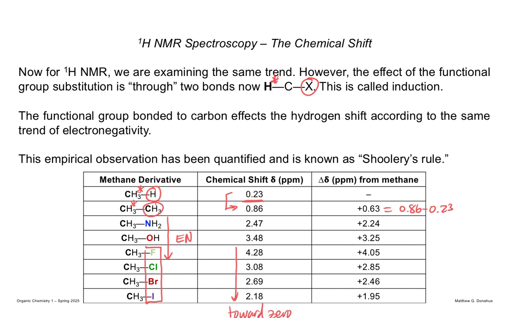And that's due to the electronegativity decreasing, but also the size of that heteroatom increasing. So even though we're in 0 to 12 in terms of the total spectral window, the region you see these is giving you an indication of what type of functional group is present.